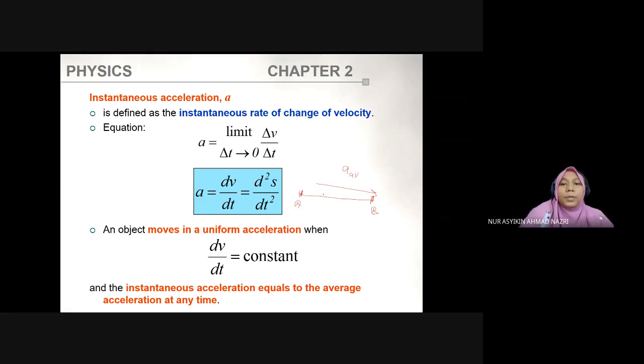Tapi kalau instantaneous acceleration, contoh dekat sini dia move dengan berapa acceleration? Acceleration pada masa ini. Dekat sini dia ada acceleration pada masa itu. That's why dia kata, if the object move in a uniform acceleration, means that acceleration at time 1 here equal to acceleration at time 2 here, equal juga dengan acceleration at time 3 here. So means that it move in a uniform acceleration.